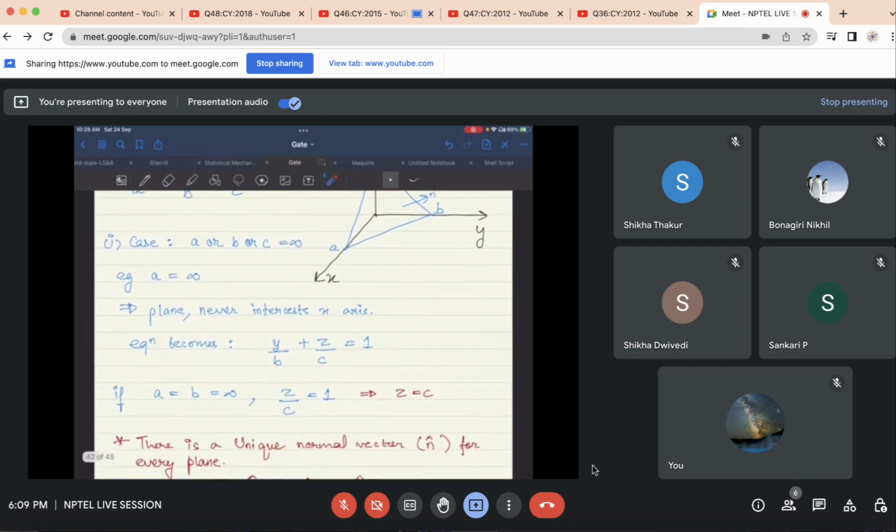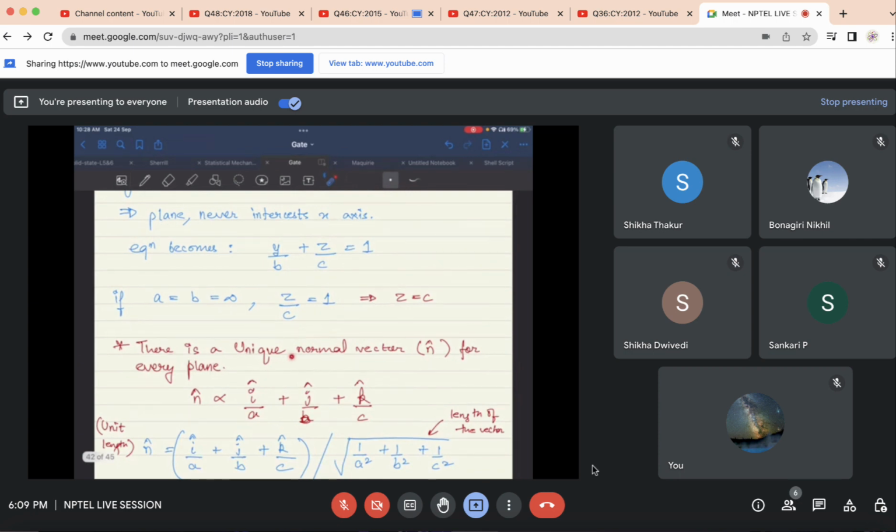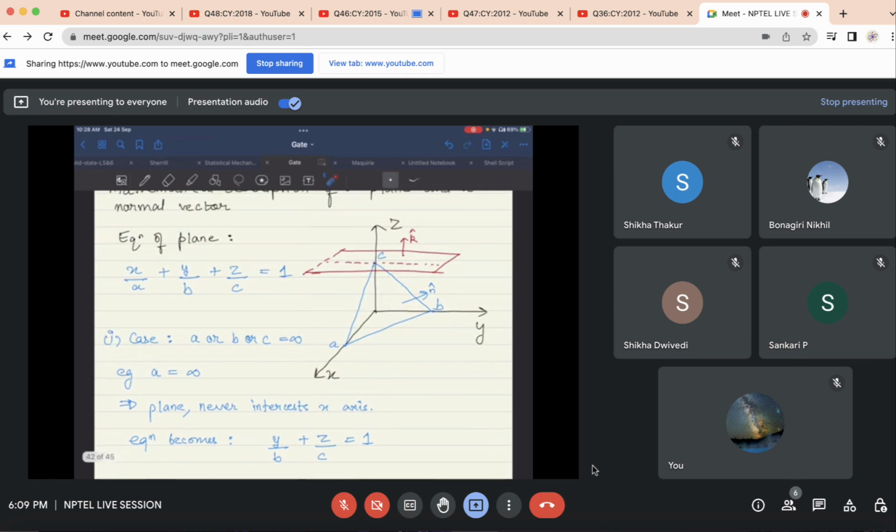Also, for every plane, there is a unique normal vector. For example, the plane in blue has one unique normal vector, shown with a direction, the n vector.